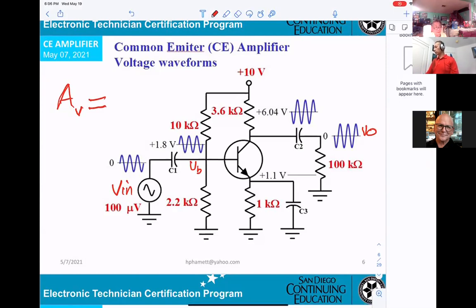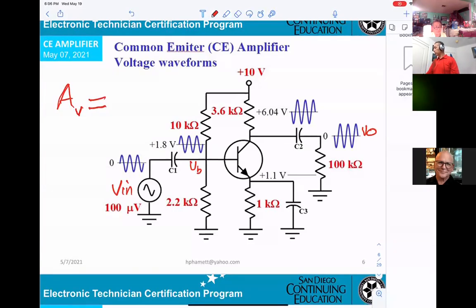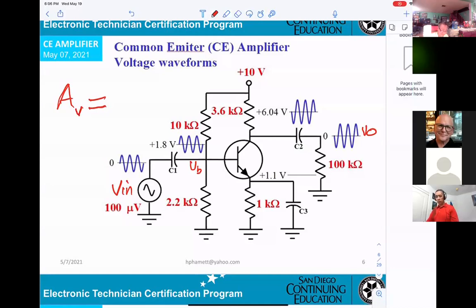The ratio between which one? VB over V out? No, the gain has to be V out over V in. Okay, that's V out over V in. You say V out over V in, right?